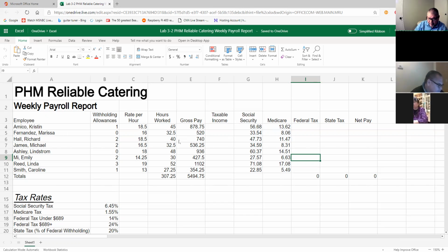We added the tax rates, income, Social Security, and Medicare. So we added those. Did this one too. Calculate the federal tax withheld.